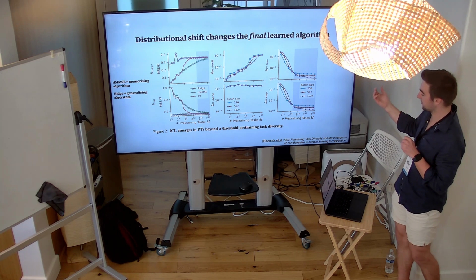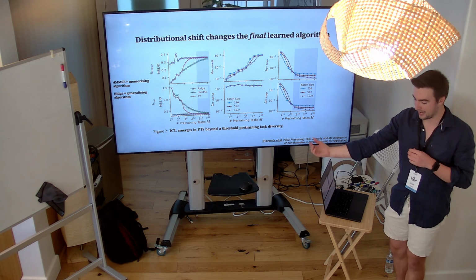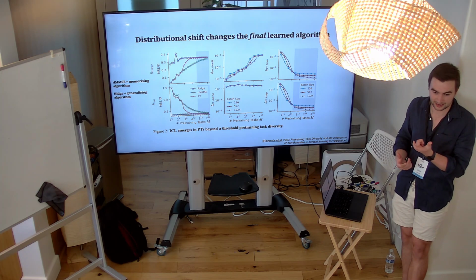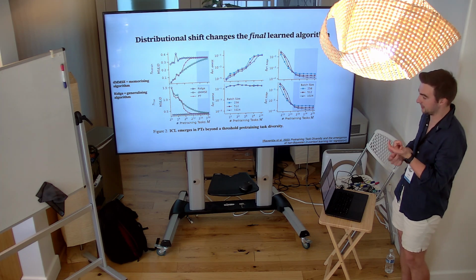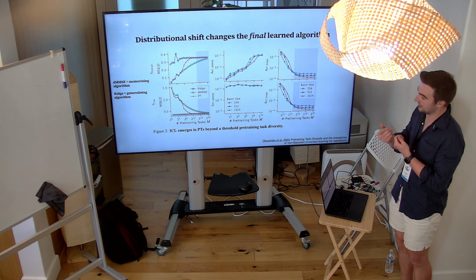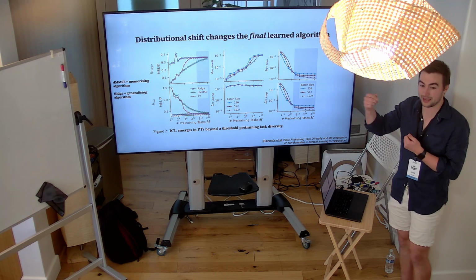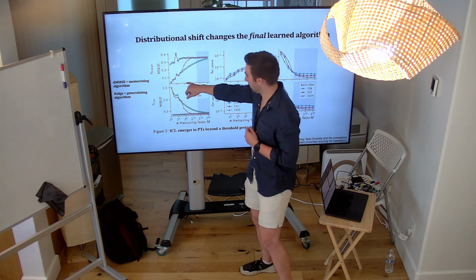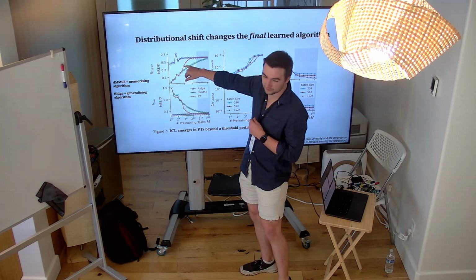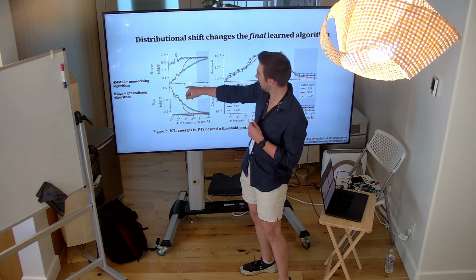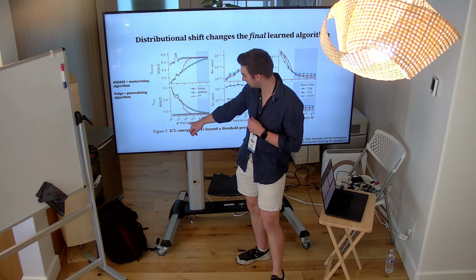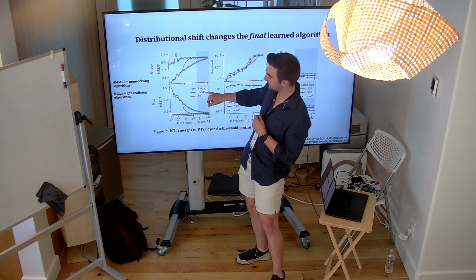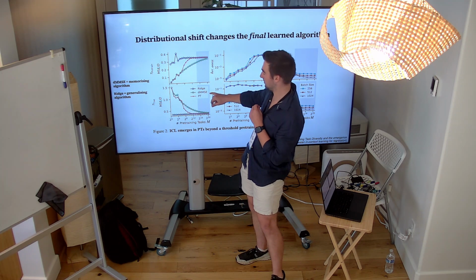And what Reventos et al. show is that as you shift the data distribution by increasing the number of tasks in that training set, there is a change in algorithm at the end of training. You can see here that the orange curve represents the end of training model, and for some task diversities M, it follows what I'm going to refer to as the DMMSE algorithm. I'll explain this a bit later.